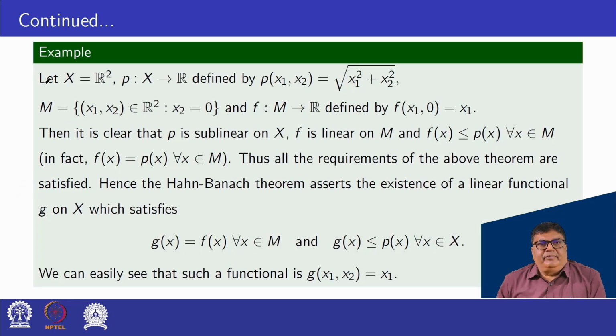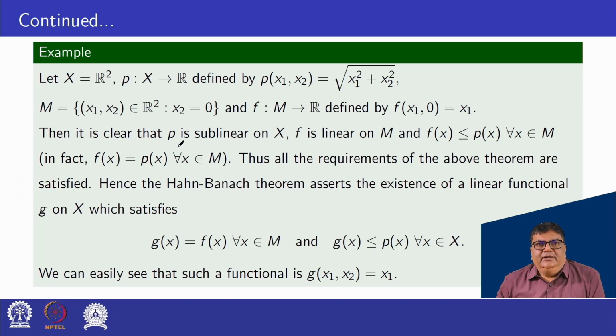For example, let X = R². Let p: X → R be defined by p(x1, x2) = √(x1² + x2²). M is a subspace defined by (x1, x2) belonging to R², where x2 = 0, and the functional defined on M as f: M → R is defined by f(x1, 0) = x1.